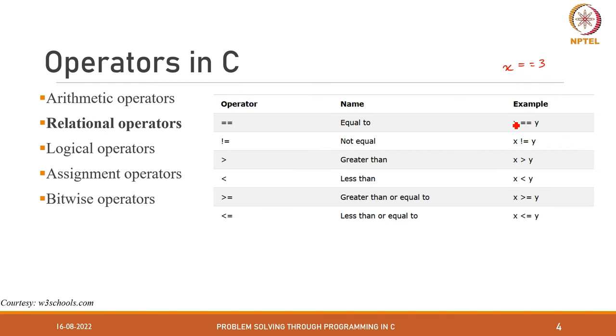The answer would be true or false. If x is actually 3, then you will have a true value, otherwise you will have a false value. So we have different relational operators with equality condition, non-equality condition, less than, greater than, greater than or equal to, and less than or equal to, which are pretty much what you have seen in math.